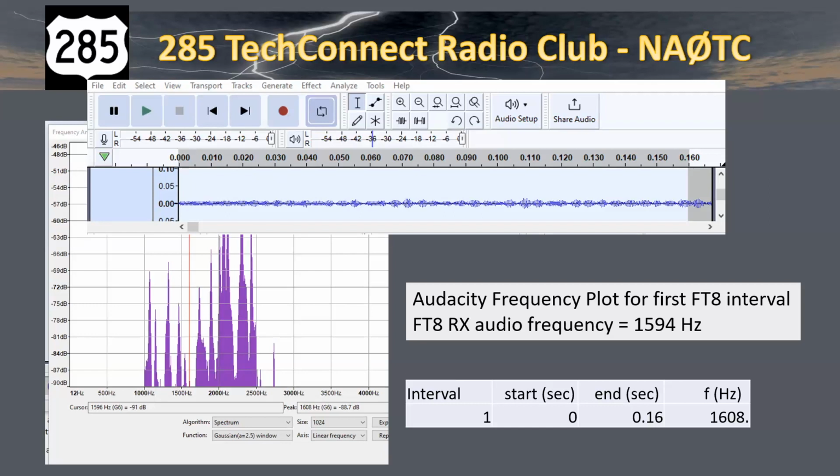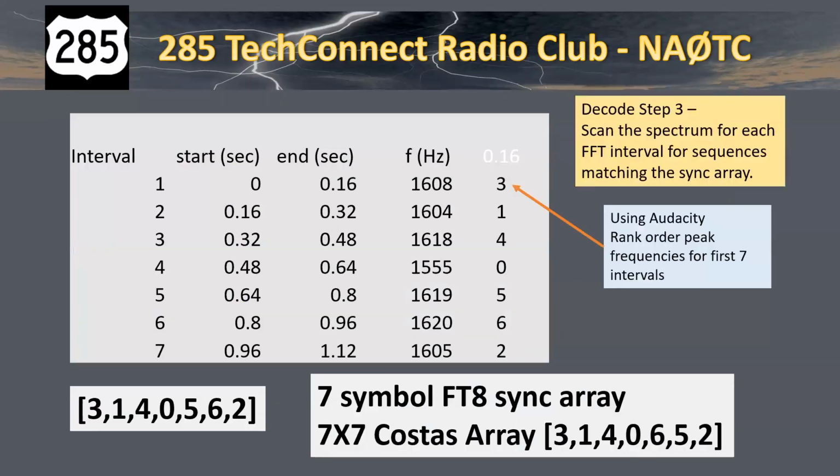So then I went and did it for the next 6 intervals. This is the first one that I looked at, 1608. I repeated that for the second interval: 1604, 1618, 1555, 1619, 1620, 1605.